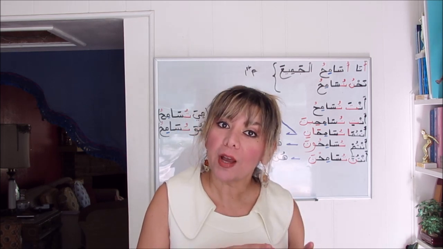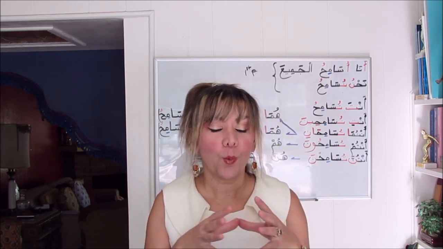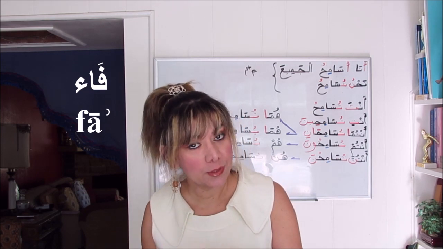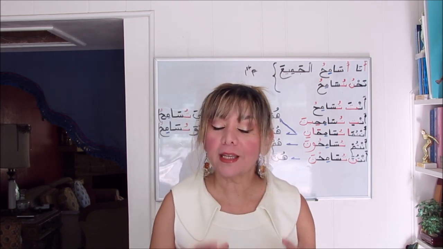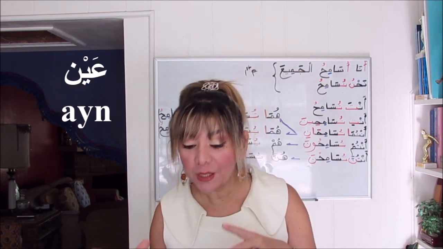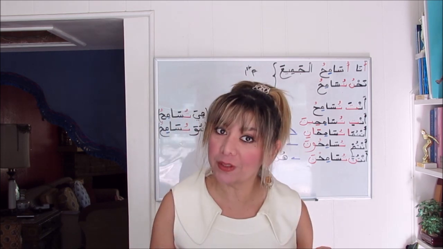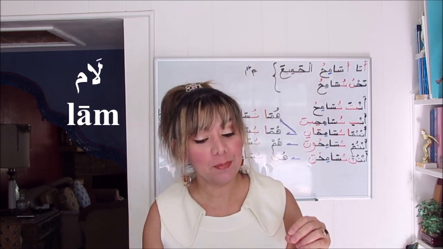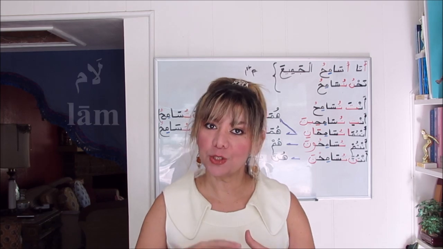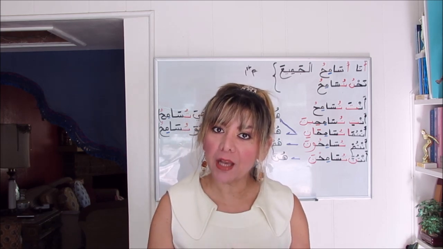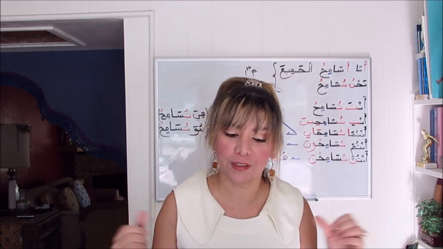So the first radical goes where fa goes, and the second where ain goes, and the third where lam goes. That's the way to generate the accurate meaning of words.